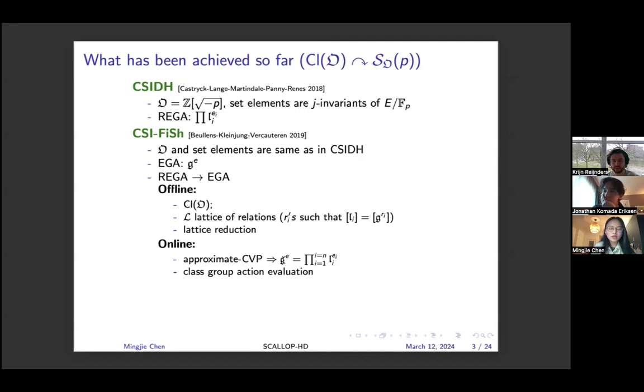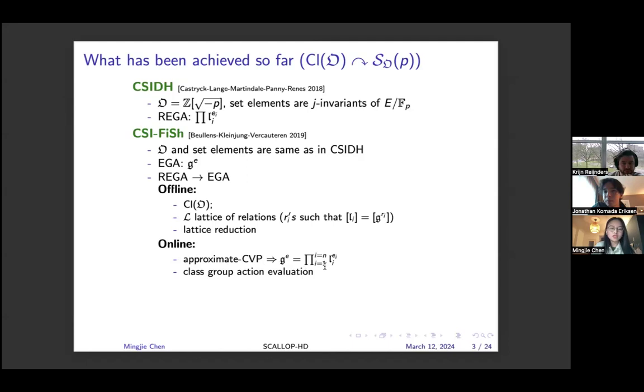By doing so, we can write the original group element g to the e using another representative, which is the product of small l_i to small powers. So we can compute the class group action evaluation using the ideal on the right-hand side.